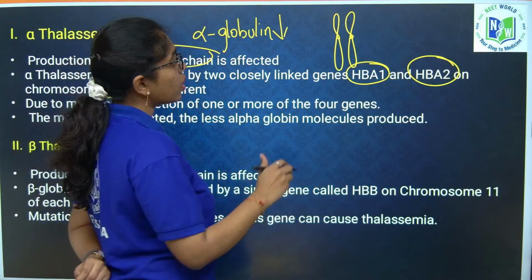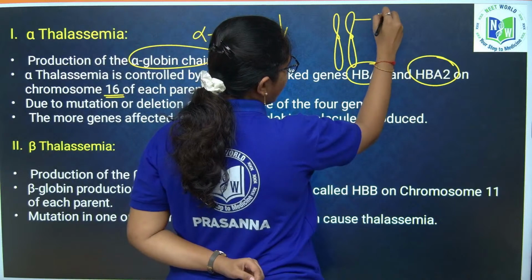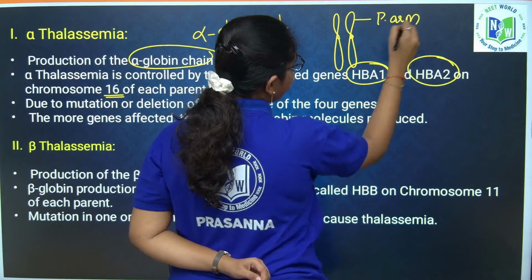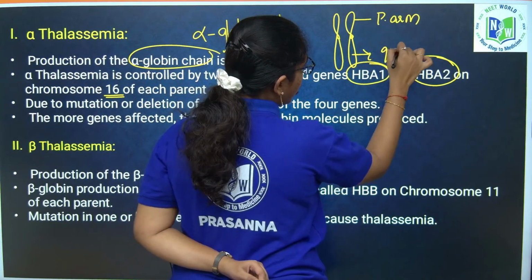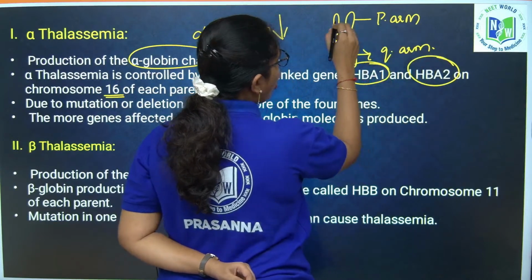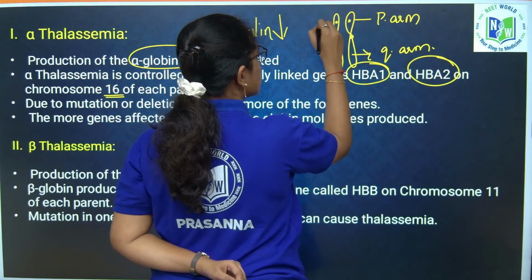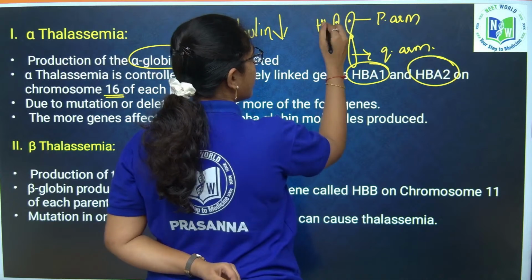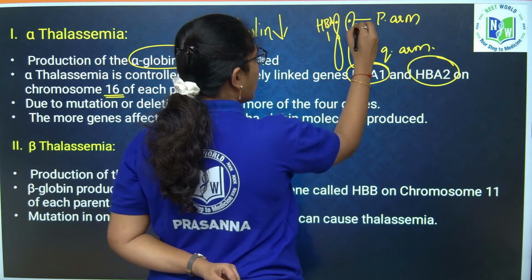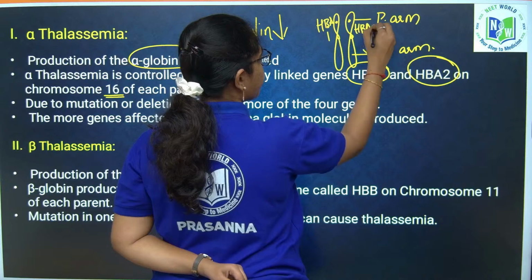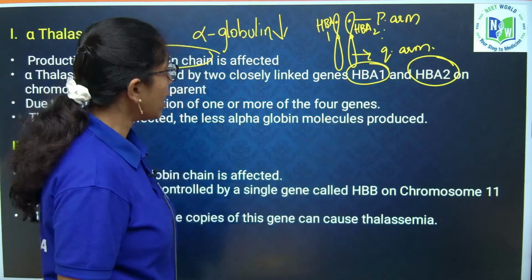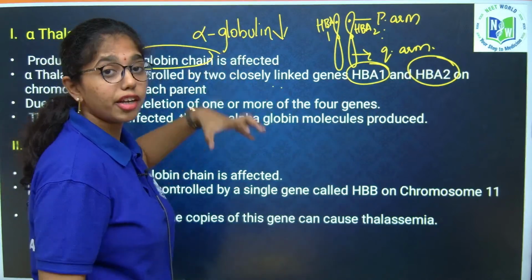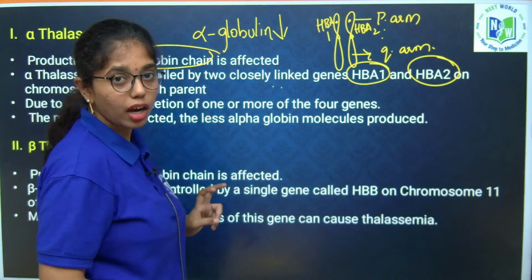If you remember clearly, short arm is said to be P arm, long arm is said to be Q arm. So on the short arm, two closely related genes HbA1 and HbA2 are affected, and this results in the reduced synthesis of alpha globulin.